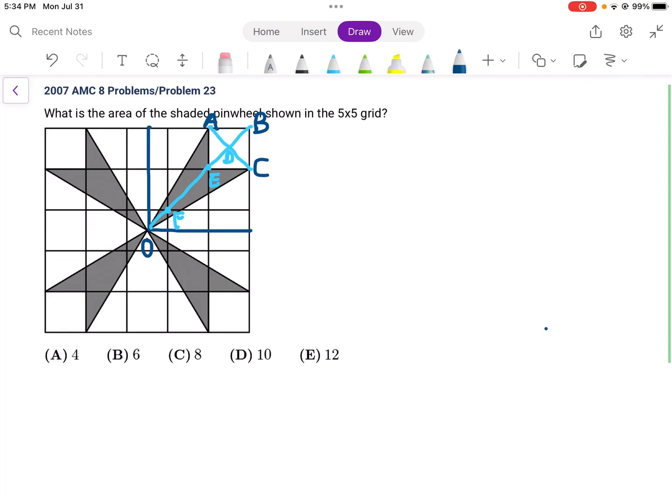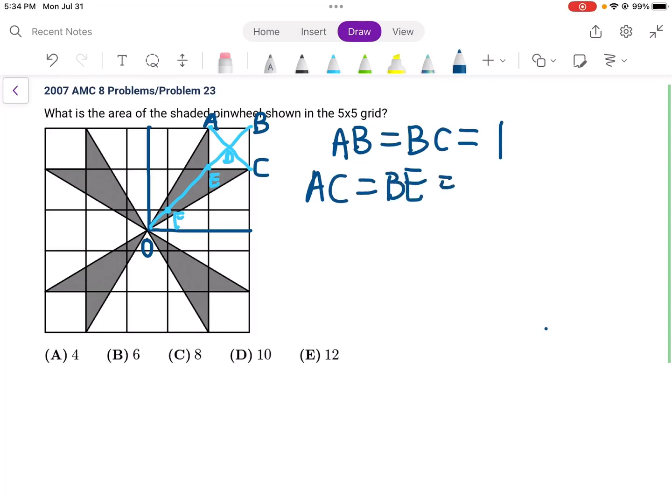Now let's assume the cell in the grid has side length 1. So AB equals BC equals 1. So AC, which equals BE, is the square root of AB squared plus BC squared, and because AB and BC equal 1, that's the square root of 2.